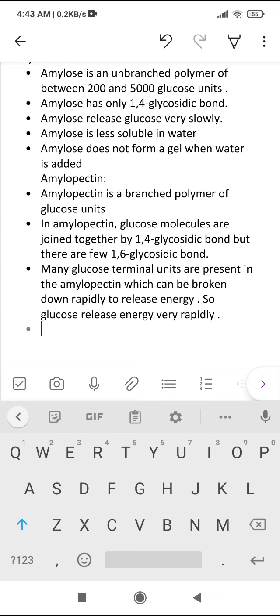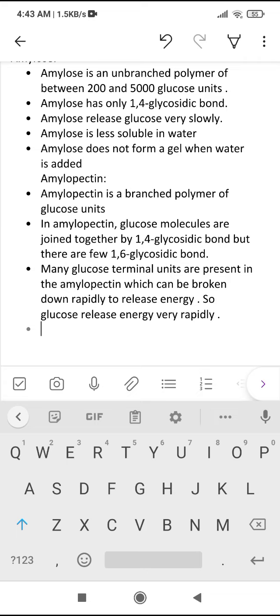So amylopectin is a branched polymer of glucose units. In amylopectin, glucose molecules are joined together by 1,4 glycosidic bond, but there are few 1,6 glycosidic bonds. Many glucose terminal units are present in the amylopectin, which can be broken down rapidly to release energy. So glucose releases energy very rapidly.